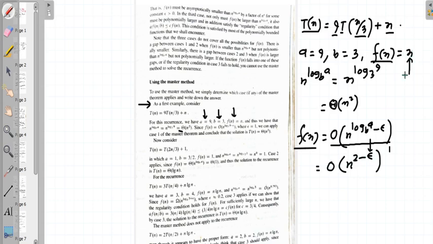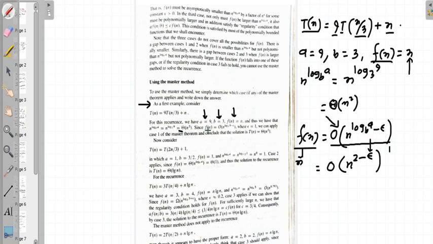So if f(n) is n, then definitely we can say that it is order of that. So we can write f(n) in this form.